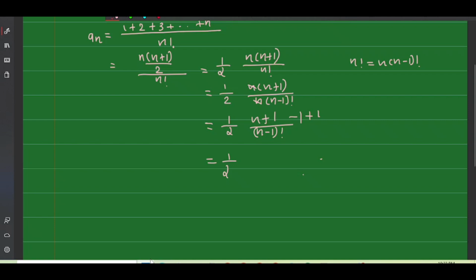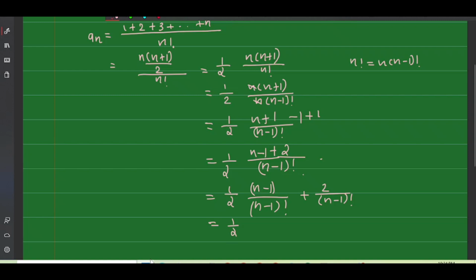So I can write this as n minus 1 plus 1 plus 1 by n minus 1 factorial, which is equal to 1 by 2 into n minus 1 plus 2. Here 1 plus 1 is equal to 2. So which is equal to 1 by 2 into n minus 1 by n minus 1 factorial plus 2 by n minus 1 factorial.